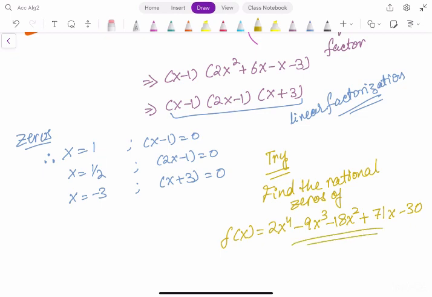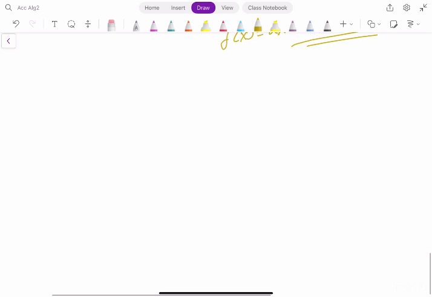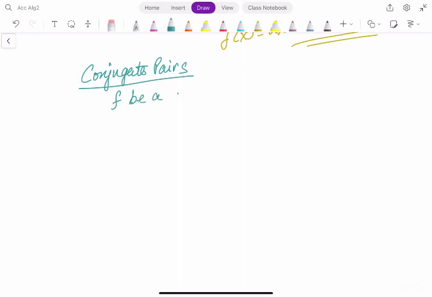Conjugate pairs, that means we are talking about the complex numbers again. So let's get started with the conjugate pairs. So when we are talking about conjugate pairs, that means if one root is there, I can write the conjugate of it, and then it will be the second root. So we are looking for f to be a polynomial function that has real coefficients.